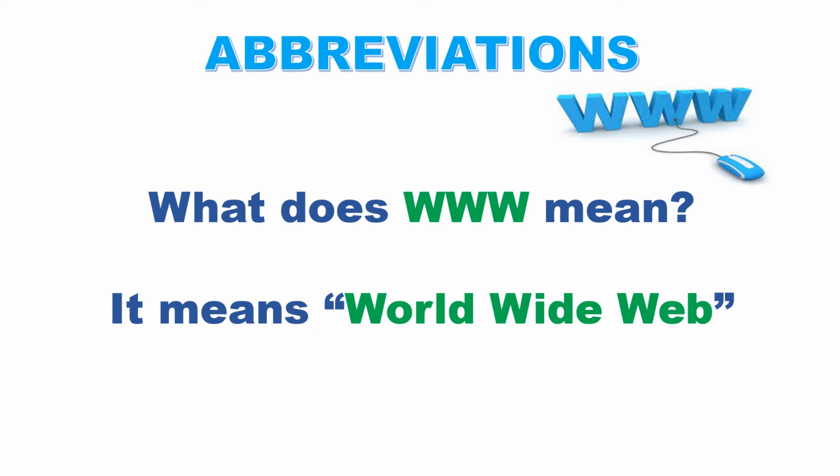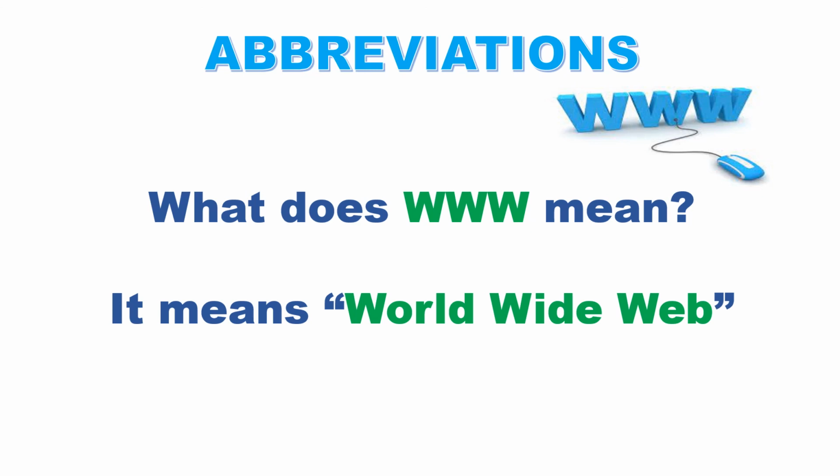It usually starts with www dot and the address on the internet, and that only means World Wide Web, because the internet is a web of computers. What does web mean? Okay, web, W-E-B. Well, if you think about a spider, it usually builds a web to catch insects to eat.